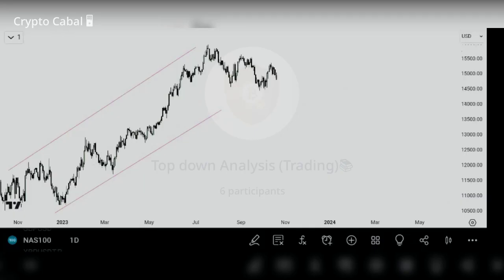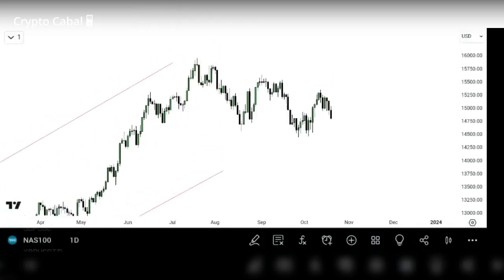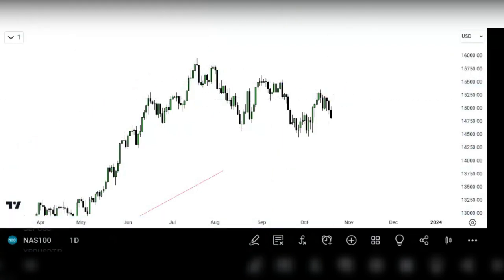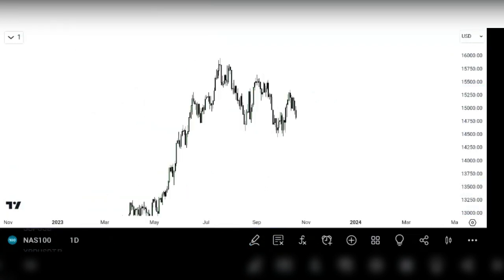But after this trend, we can see that we have a downtrend that is forming currently at this moment. And now that is for market structure. Now we move to talking about demand and supply. Now how do we combine this market structure and demand and supply?